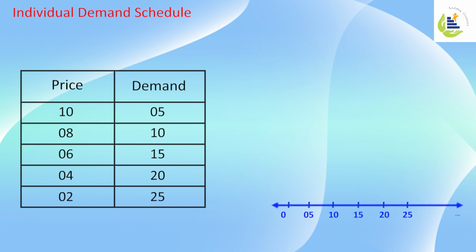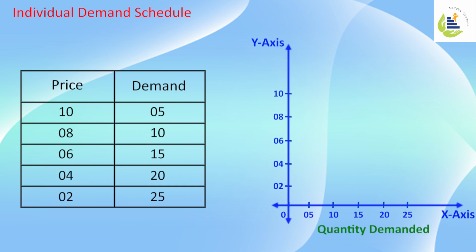On the x-axis, you'll represent the quantity demanded, and on the y-axis, the price of the commodity. So at 10 rupees, only 5 products are demanded. As the price goes down, at 8 rupees, 10 products are demanded. At 6 rupees, 15 products are demanded, and so on.